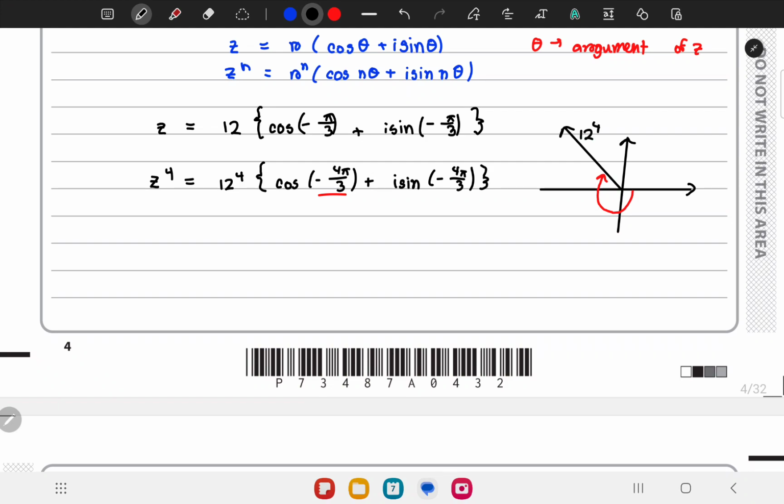If this is 4 pi by 3, the whole red stuff is 4 pi by 3. This whole angle is pi. So this remaining angle would be 4 pi by 3 minus pi. So this is pi by 3.